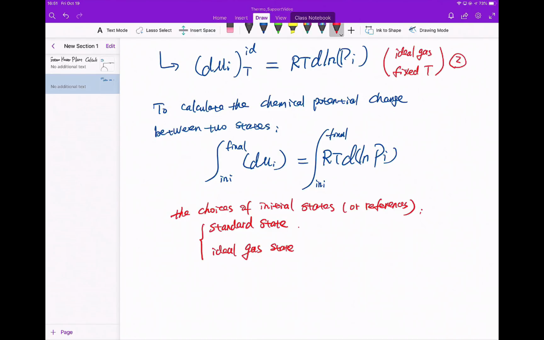So for this, the standard state P shall be 1 bar, right? For the ideal gas state P, let's try to use this as general initial.